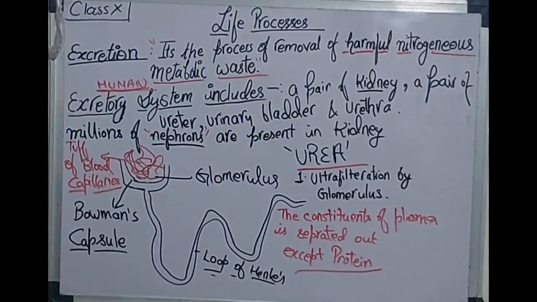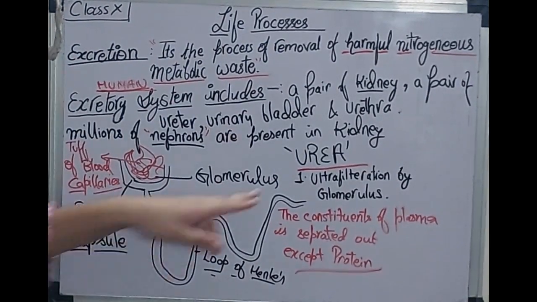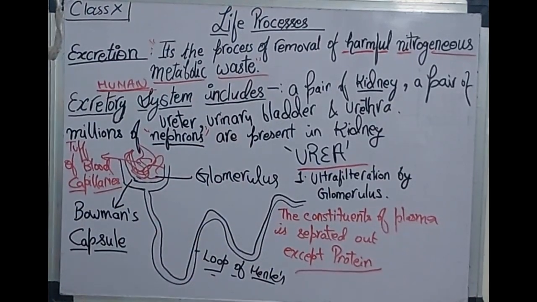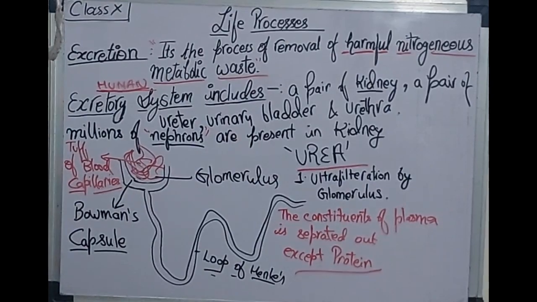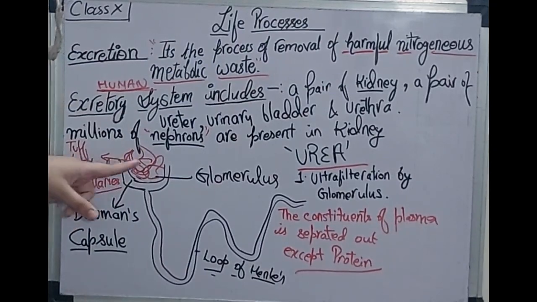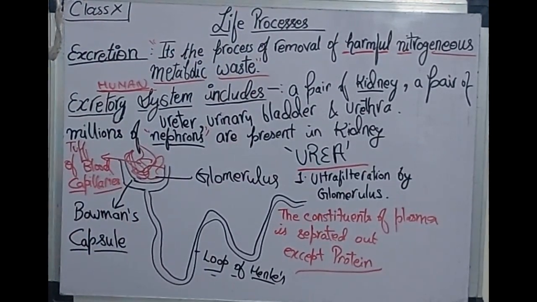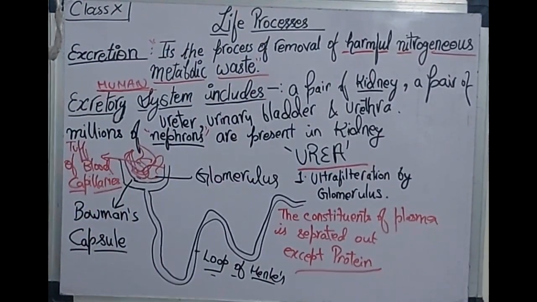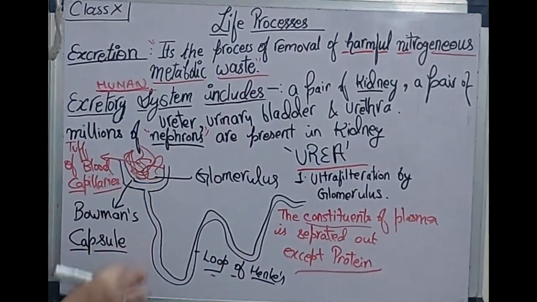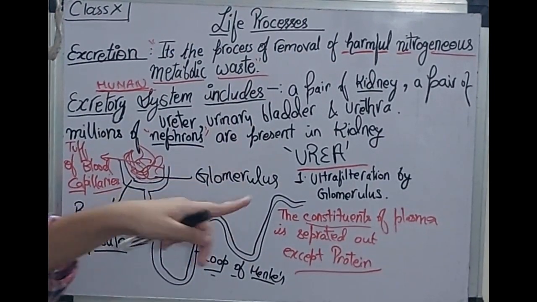So actually protein molecules are quite big, so in this ultrafiltration, protein can't be filtered out. तो protein तो हमारे plasma में ही रहता है, but other small constituents like calcium, magnesium, and your nitrogenous metabolic waste, all of this is actually separated out from plasma. तो इसमें जो plasma है capillaries में, these constituents are actually separated out, और ये यहाँ आ गए, let's say Bowman's capsule से नीचे आ रहे हैं, now in the loop of Henle.